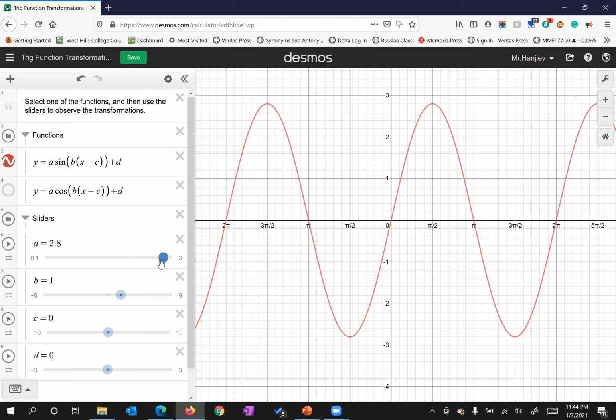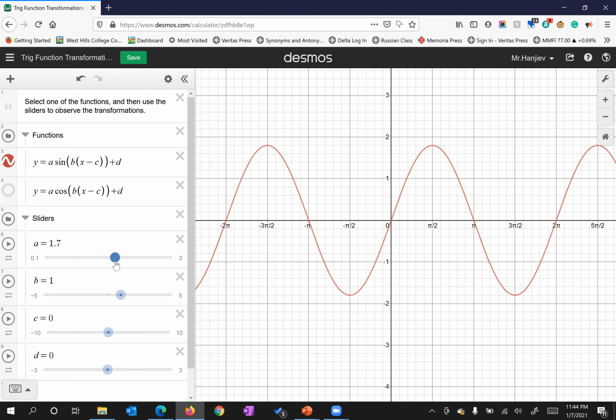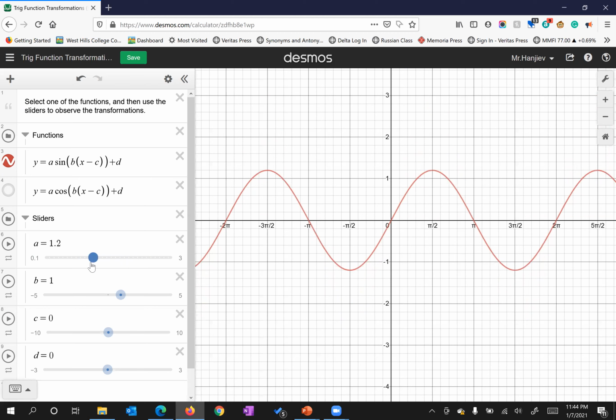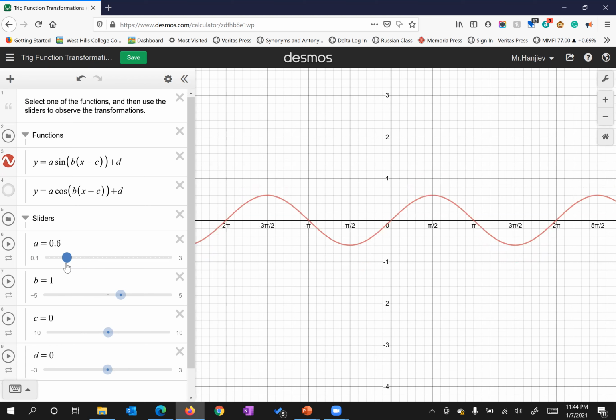All right, and as you decrease it, obviously it goes down to, here's my 1, right? But then if I go down less than 1, I get something that looks like this. Here's my 1/2. And then I go all the way down to 0.1. That's cool. And then I can put in a negative.